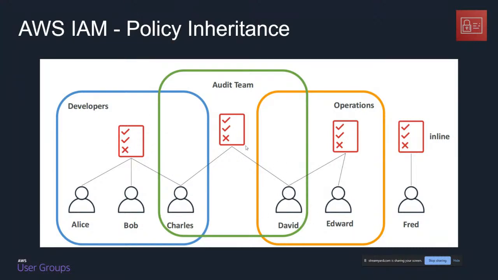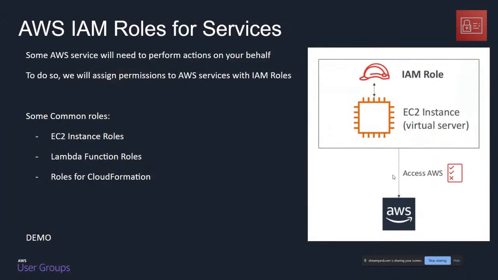Similarly, for David, the highest amount of access would be implemented while comparing both of these policies. An inline policy is only specific to the given user, group or role that it is assigned to. So Fred is inheriting this inline policy. This inline policy is unique to this user, Fred. It cannot be reused.